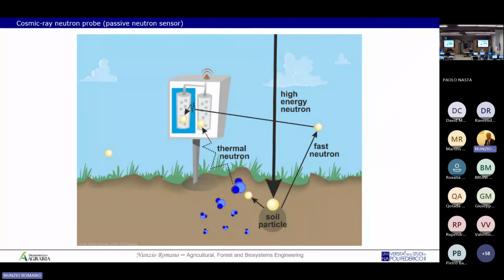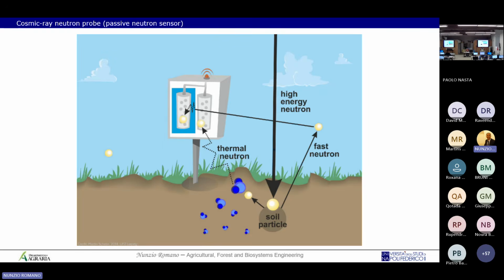Again, so we go into the detail. There is the high energy neutron that collides with the soil particles, and for this collision we have the neutron, even fast neutron, that impacts the water molecule, and there occurs thermalization. So the fast neutron becomes a slow neutron.